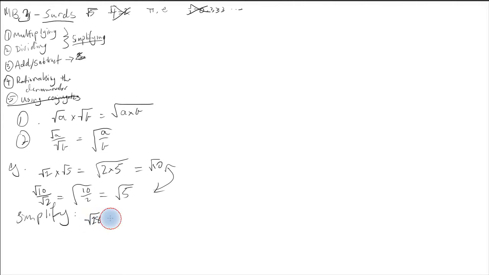We know that 28 is 7 times 4, so we can write 4 times 7 instead of 28. Then we can go backward and say that's the square root of 4 times the square root of 7. The square root of 4 is 2, so that's 2 times the square root of 7. So square root of 28 equals 2 square root 7.